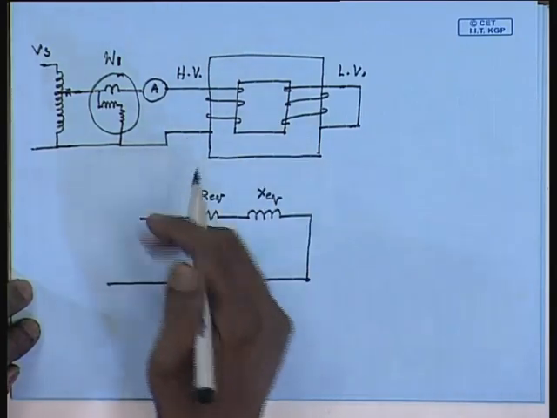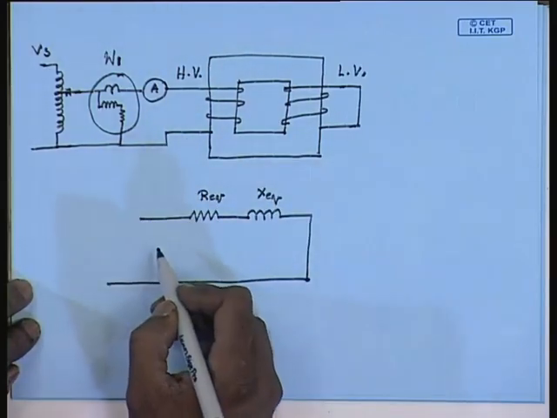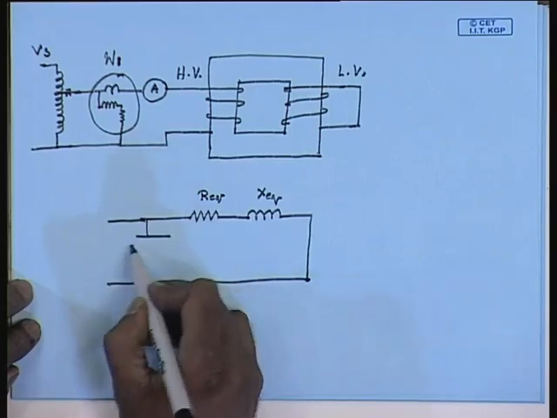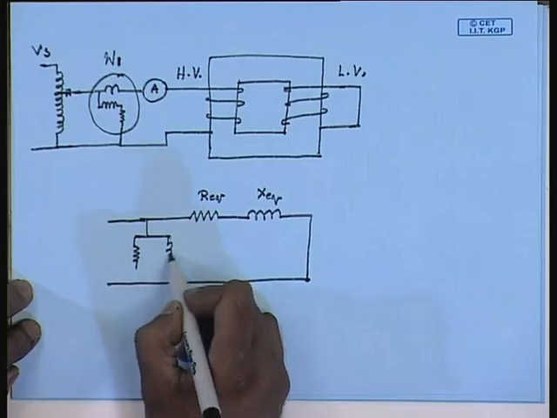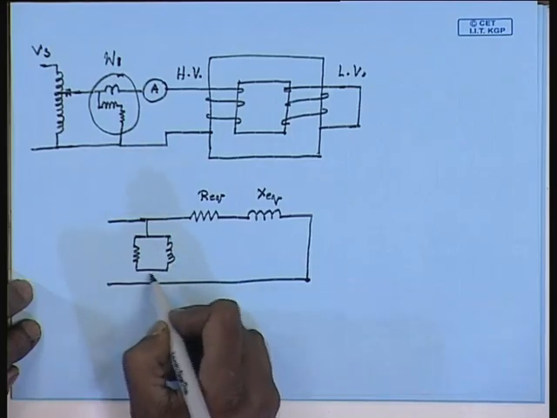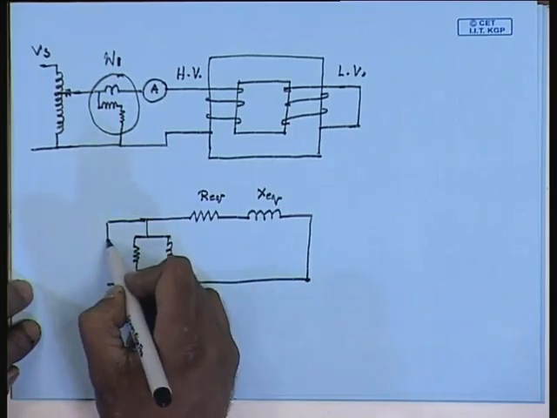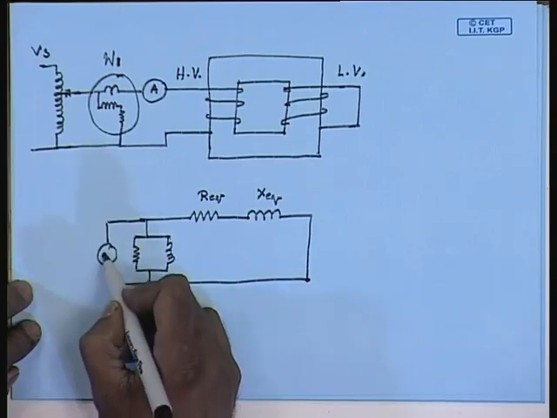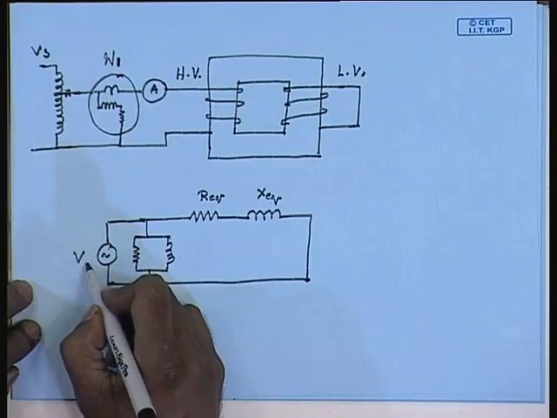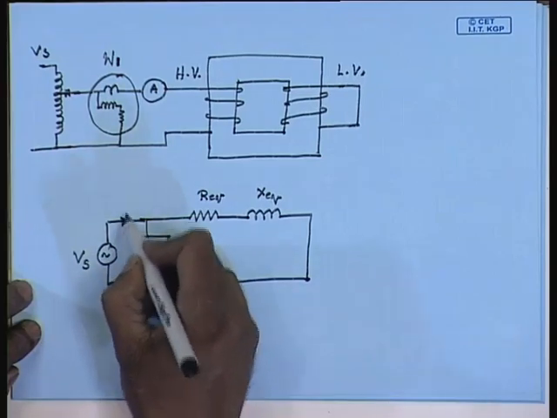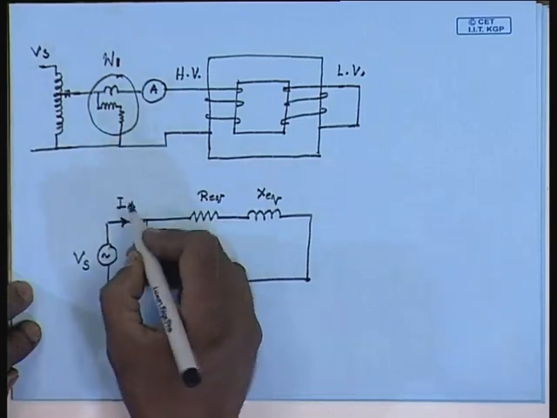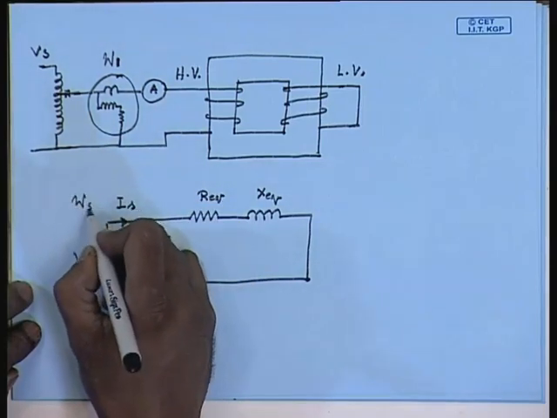Now, refer to the HV side because the supply is applied to the HV side, and this is the magnetization branch, again referred to the HV side. And let us say this is the voltage applied V short circuit, I short circuit, and the wattmeter reading is W short circuit.